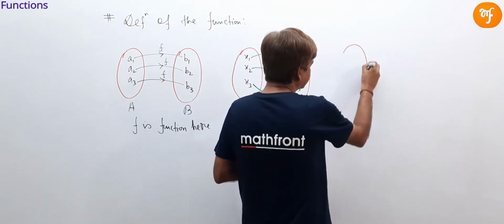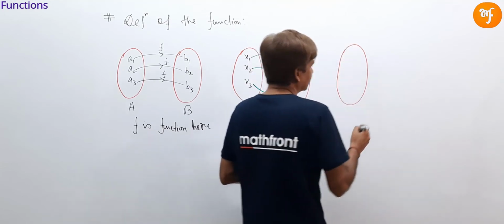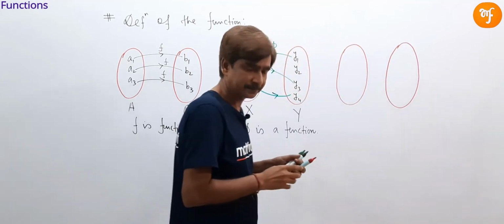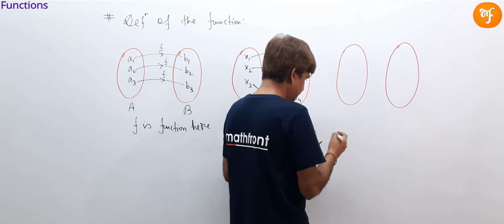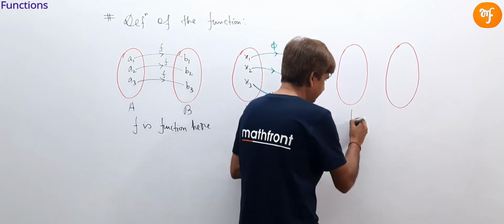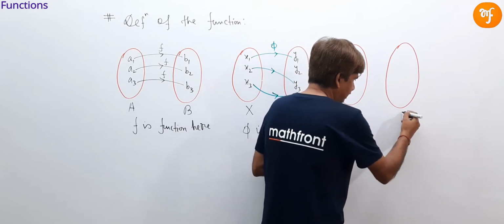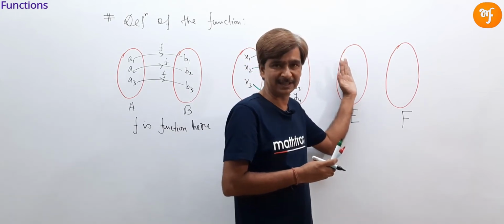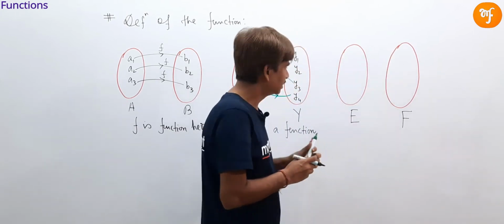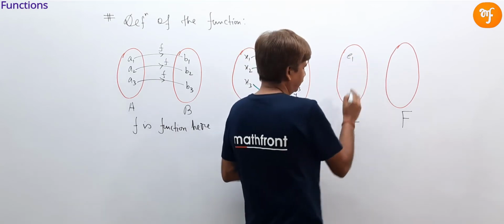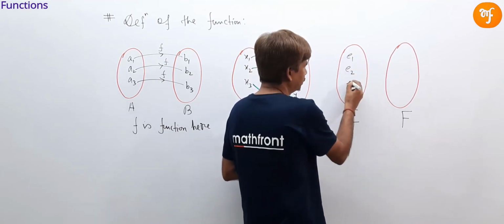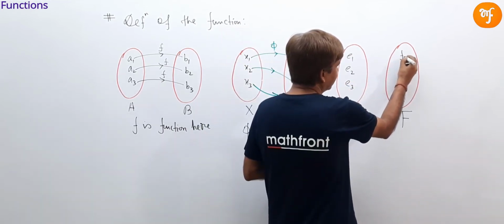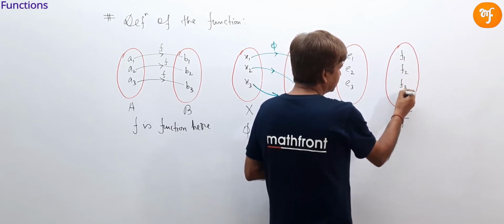Now consider the third diagram, then it will be more clear to you. Suppose we consider another two sets, the name of this set is E and the name of this set is capital F. Here we consider E as the domain set and F as the codomain set, and the elements of E are E1, E2, E3, and the elements of F are small f1, small f2, small f3, small f4.